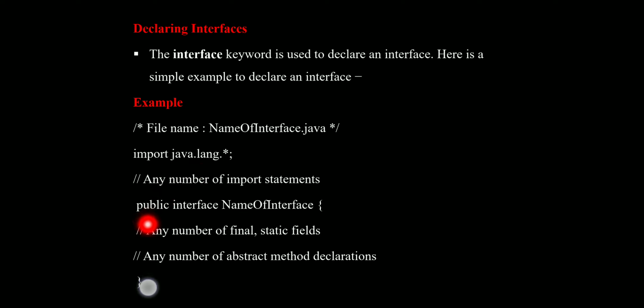After that, we write the interface declaration with the help of an access modifier, that is public interface. Interface is a keyword, followed by the name of the interface. This is the declaration of the interface. If any methods or final or static fields are there, we write them in the interface body. After that, we close the interface. This is the simple declaration of the interface concept.